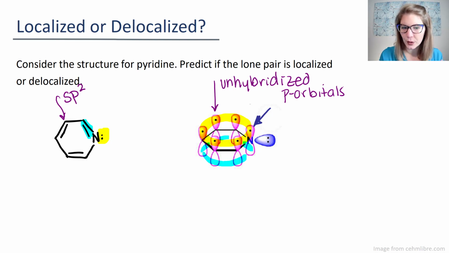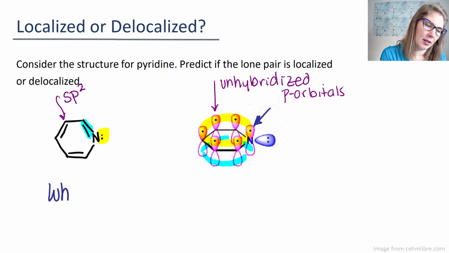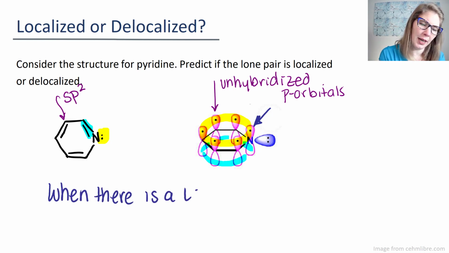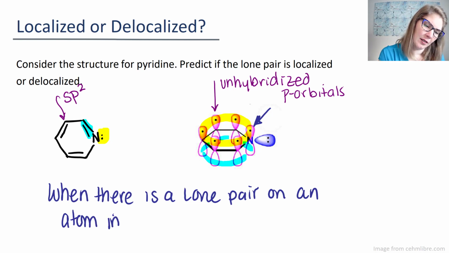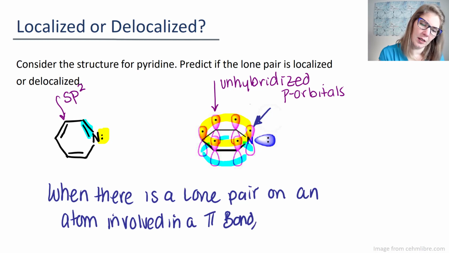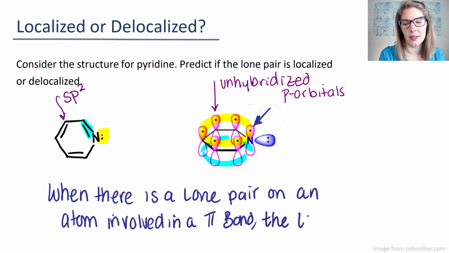So here's the rule. When there is a lone pair on an atom where that atom is involved in a pi bond, the lone pair is localized.